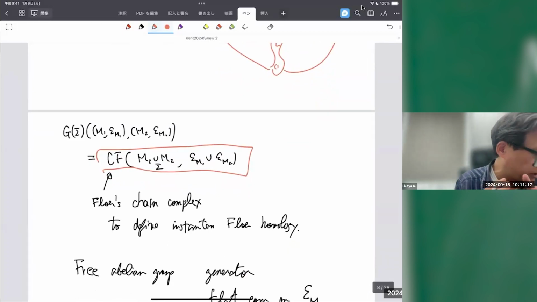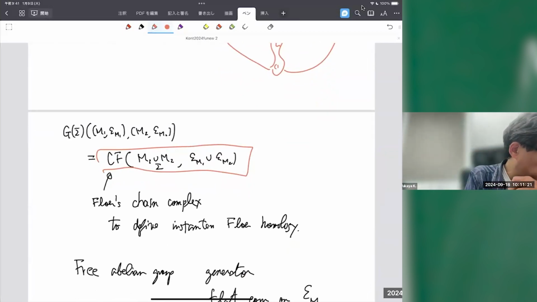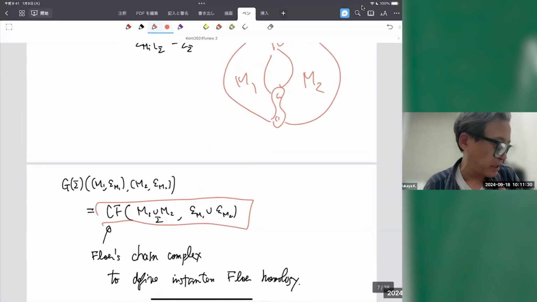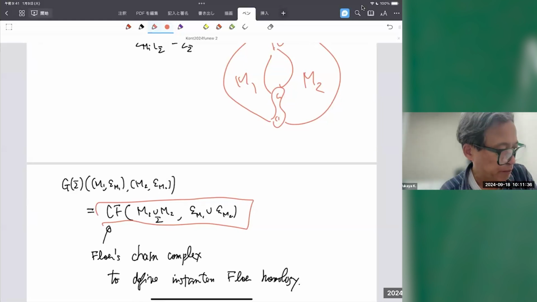So you get this vector space, and this is a kind of chain category. The morphism space is an abelian group with a boundary operator, and one can compose these morphism spaces.